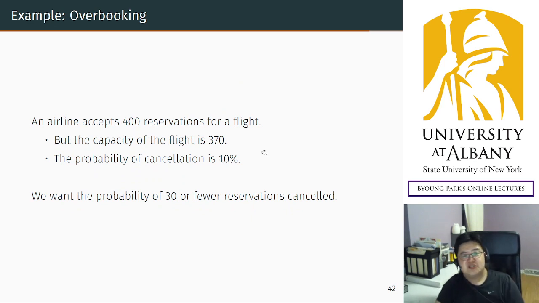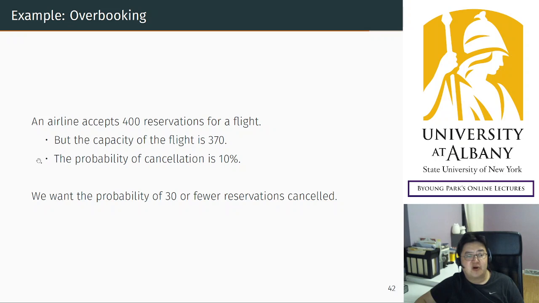We are going to consider the overbooking example we considered earlier in chapter 5. An airline company accepts 400 reservations for a flight, but the flight has only 370 seats. So the airline company overbooked 30 seats just to maximize the revenue.